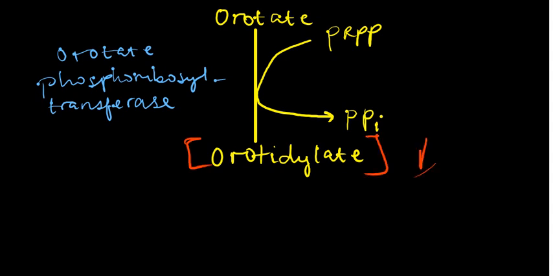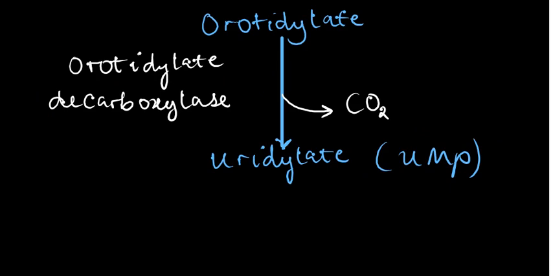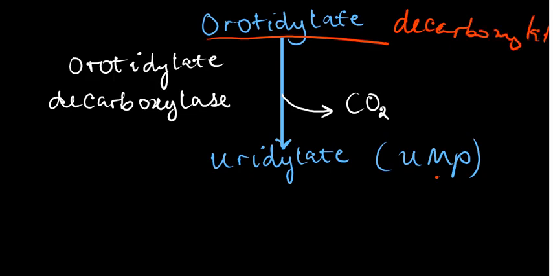All this is happening with the help of magnesium. As simple as that. So now we have orotidylate. Now orotidylate is converted to uridylate, which is UMP. Orotidylate undergoes decarboxylation, which is simply the removal of carbon dioxide from a molecule.